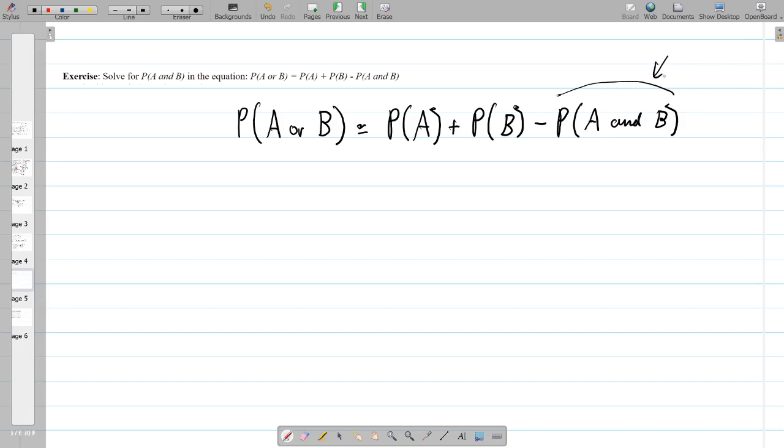We could, for example, subtract this and this from both sides, or we could add that to both sides.